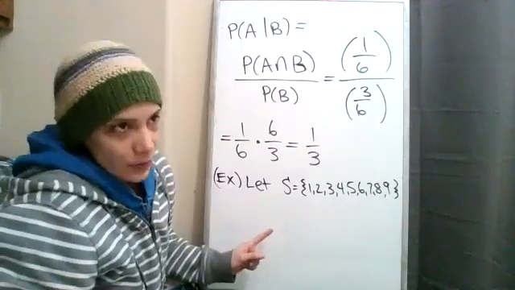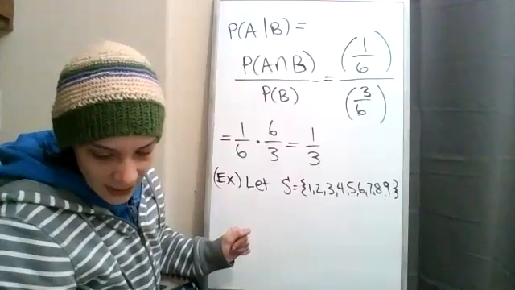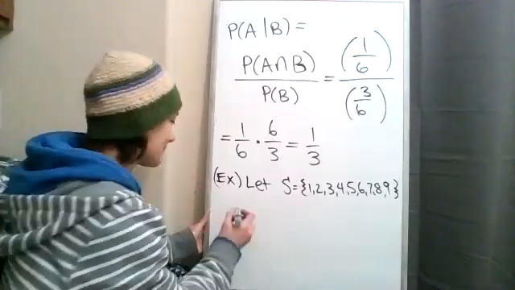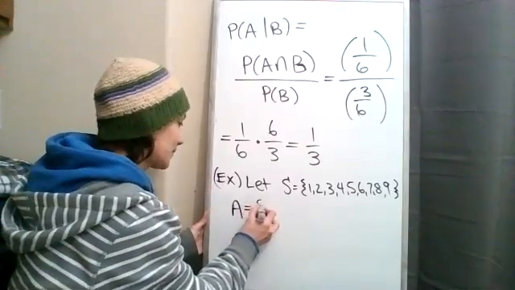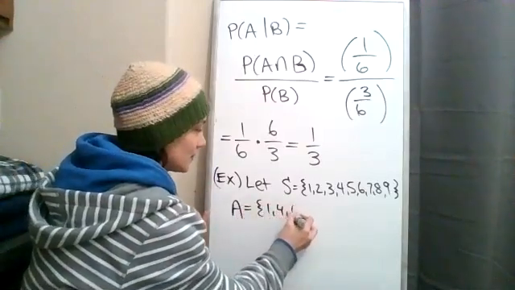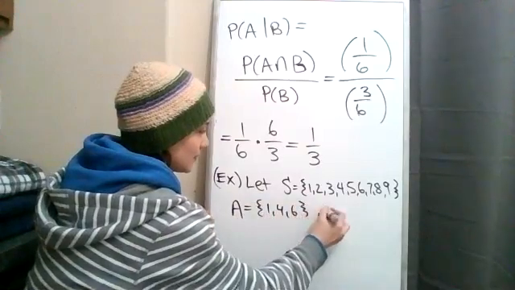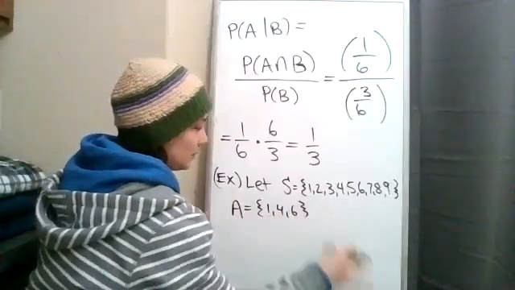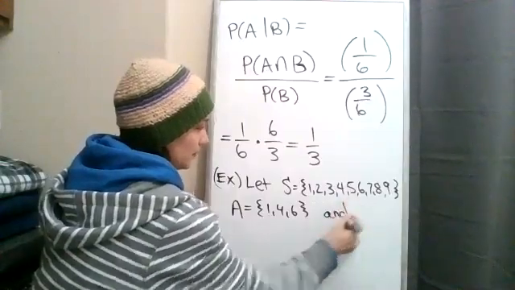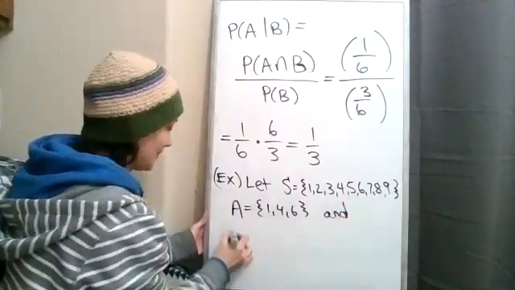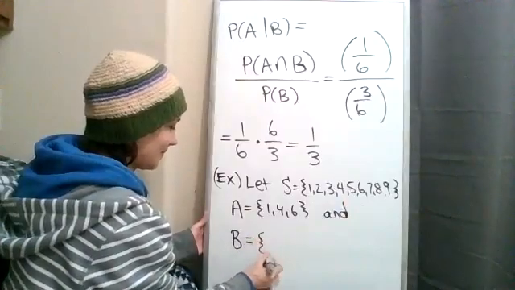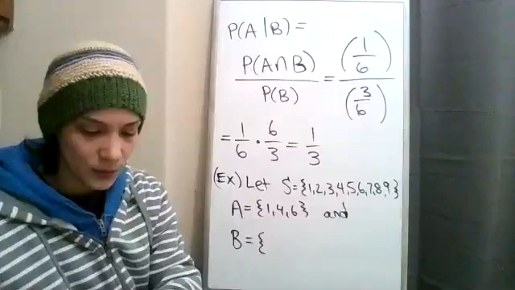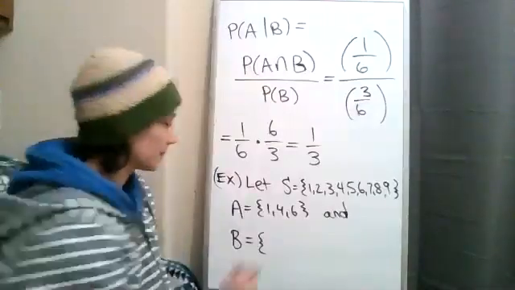And event A is going to contain 1, 4, 6. Okay. B has 2, 3, 4, 6, 9.